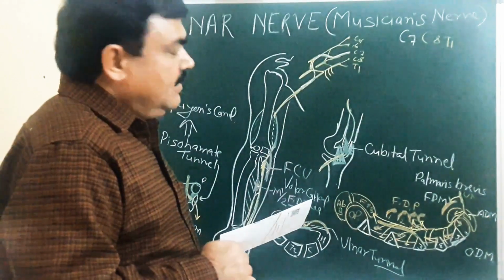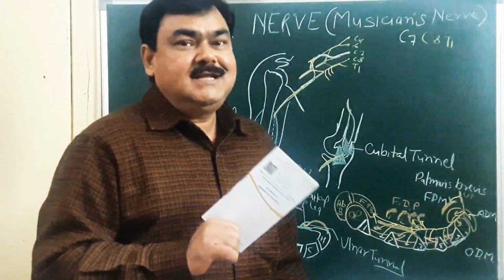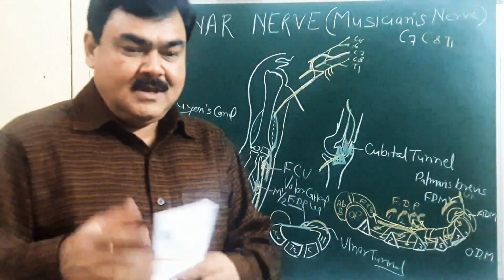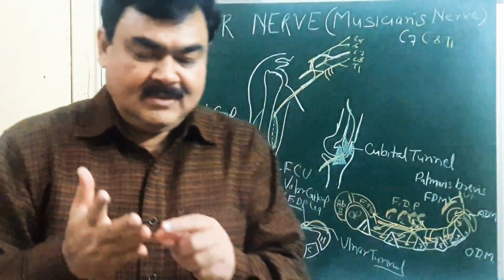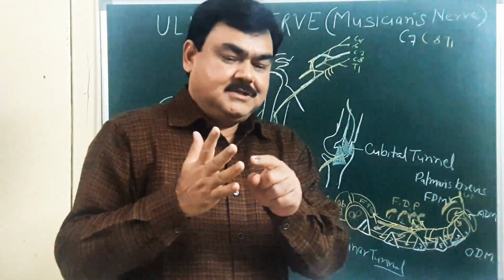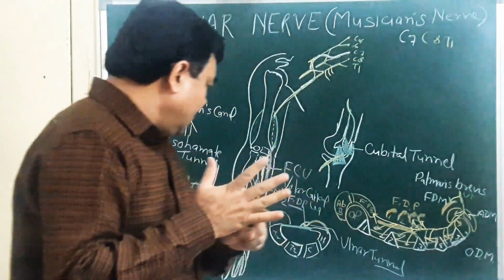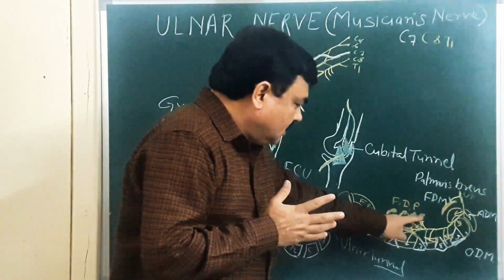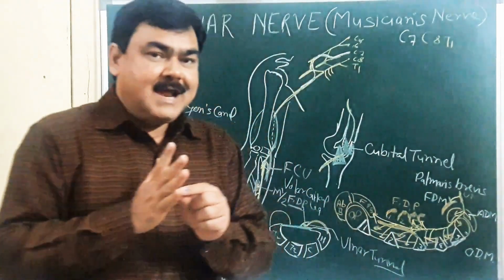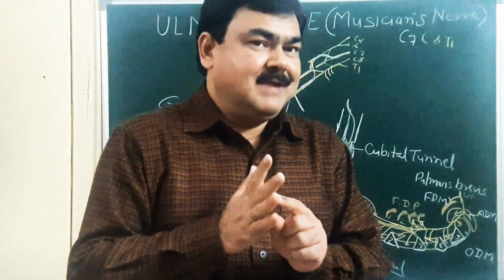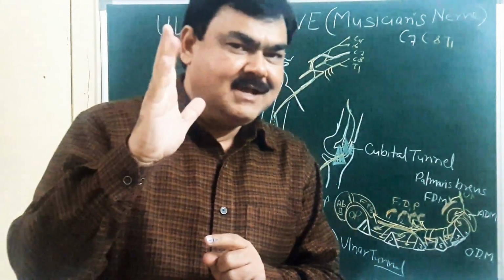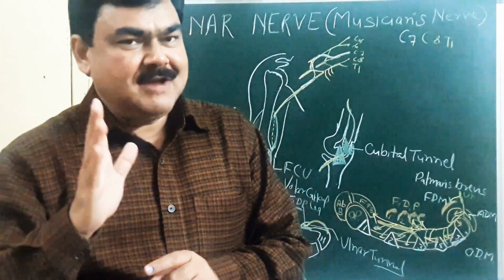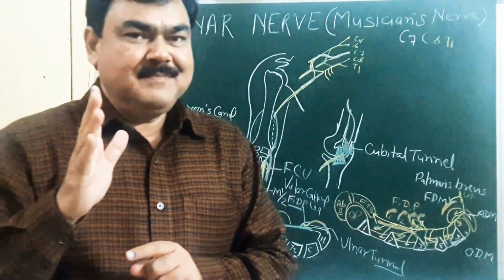There is another clinical importance, that is claw hand, ulnar claw hand. In the third and fourth digits, the third and fourth lumbricals are supplied by the ulnar nerve. If these lumbricals are paralyzed, and dorsal and palmar interossei are paralyzed, then what happens?